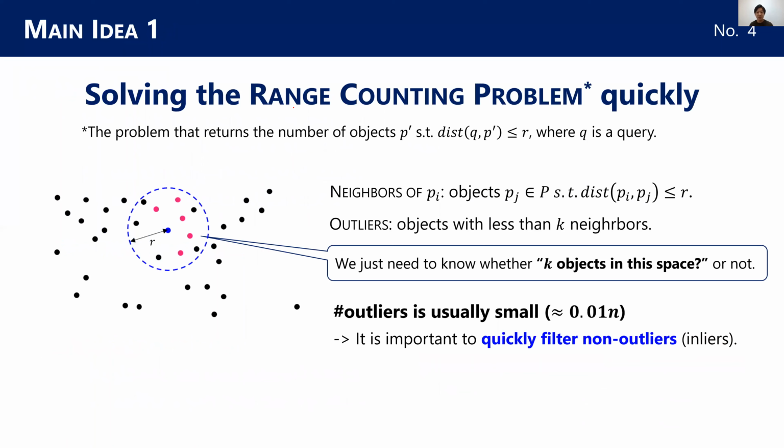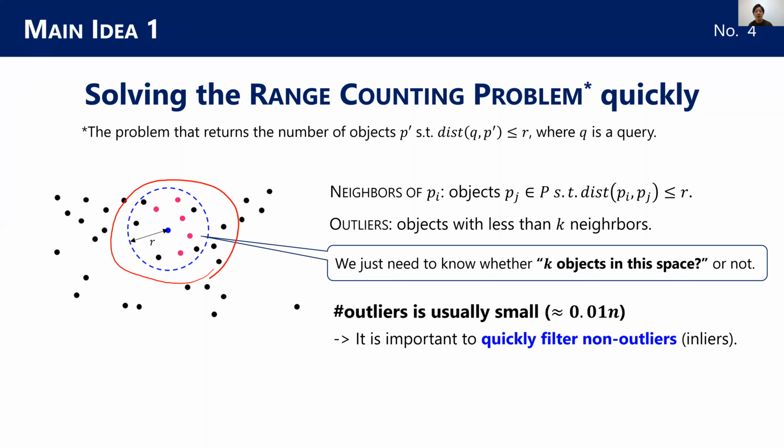Our idea that solves the DoD problem is to solve the range counting problem quickly. Recall that the neighbors of an object is the other objects with no larger distance than the threshold. To identify whether the blue point is an outlier or not, we just need to know whether there are k objects in this space or not.